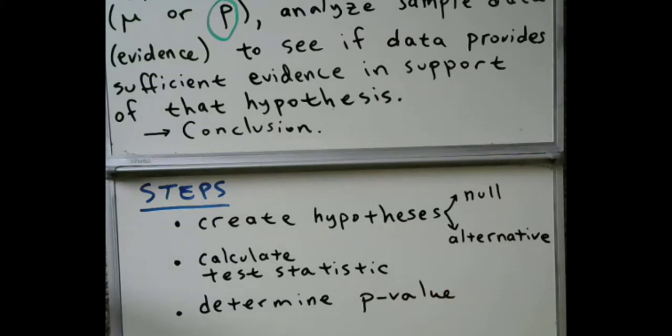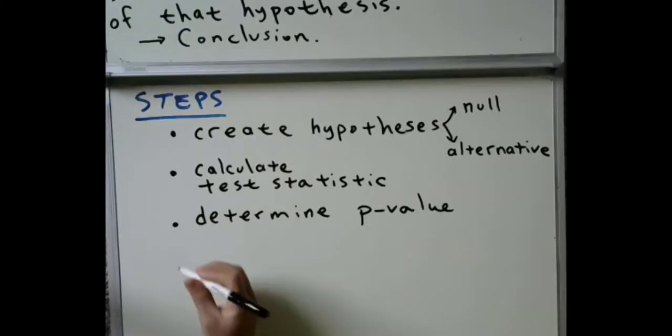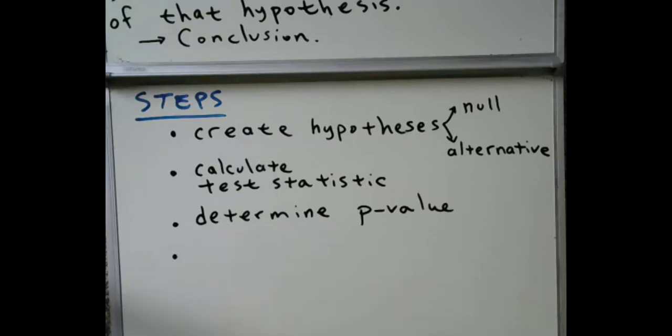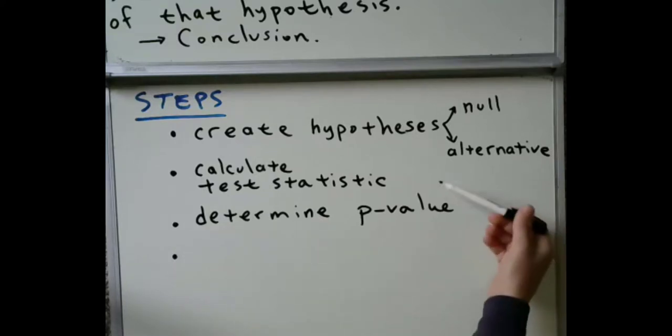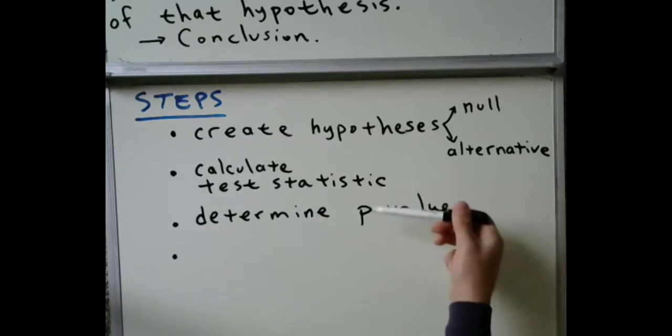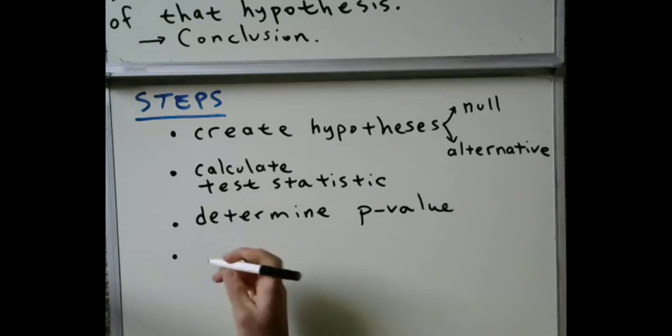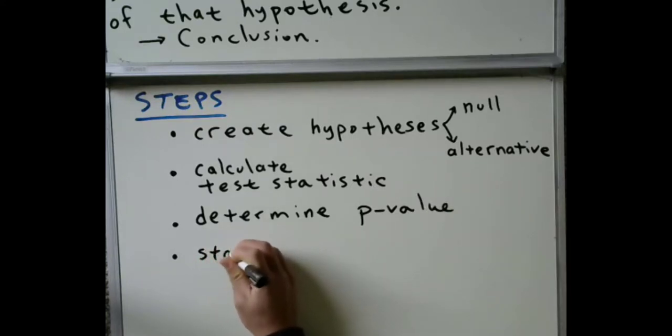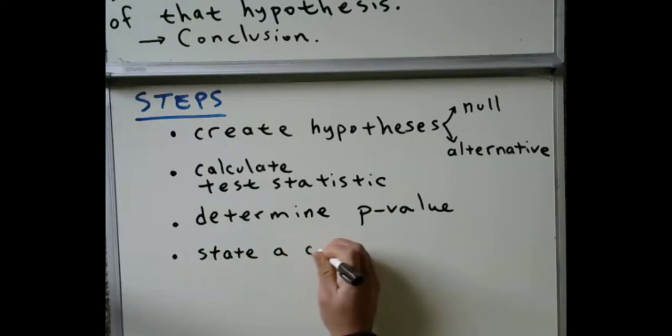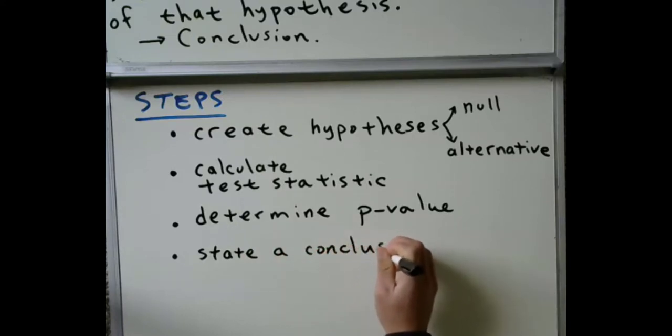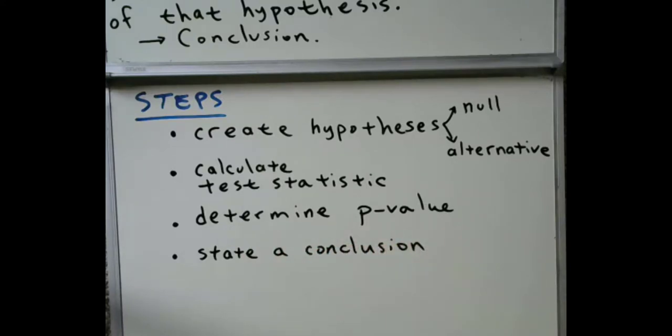P is short for probability. Lastly, then after we have done some analysis with our data, we can state a conclusion about the hypothesis based on our analysis. So state a conclusion about the hypothesis.